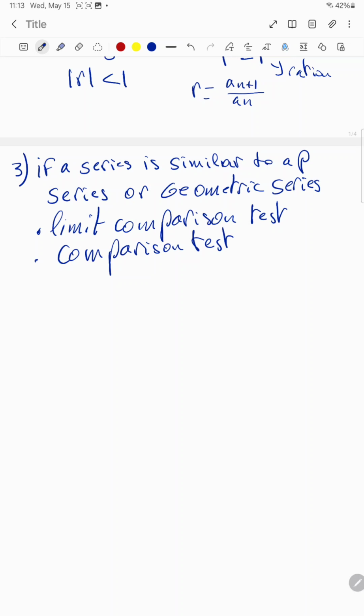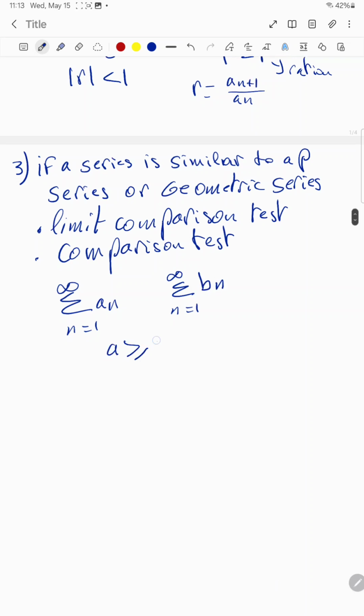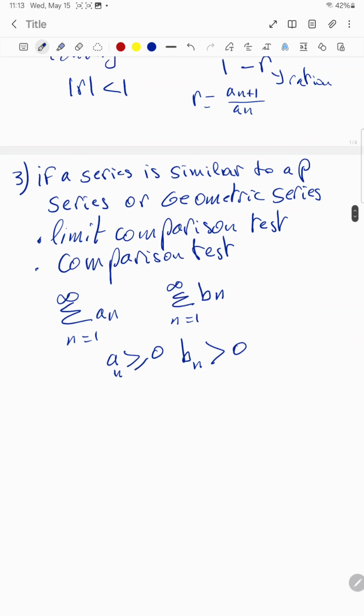So the limit comparison test: if we take the sum of n equal 1 to infinity of an and another series, the sum of n equal 1 to infinity of bn, an should be greater than or equal to 0 and bn should be greater than 0, for any positive n.